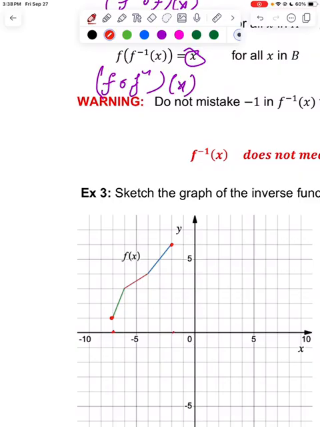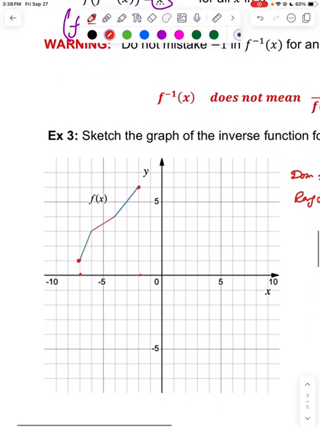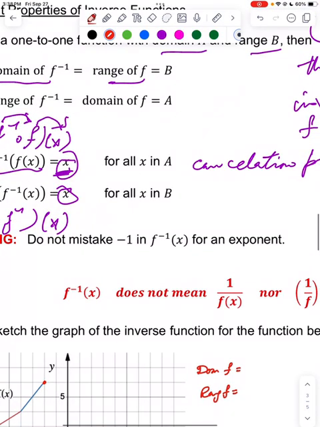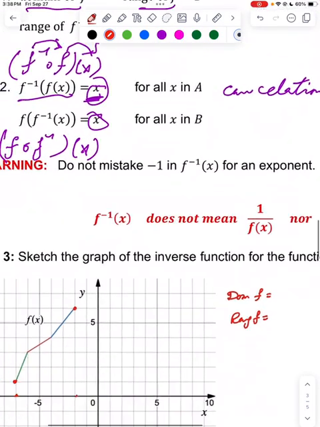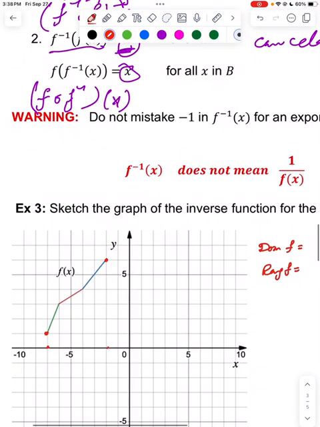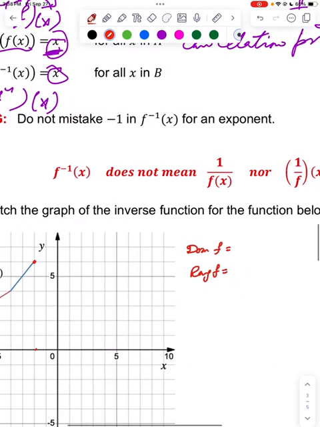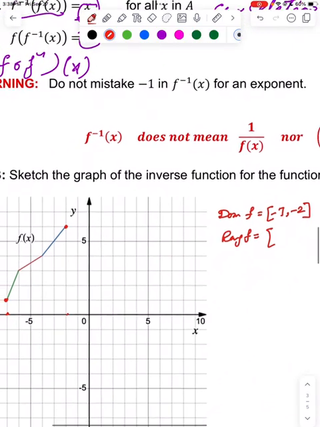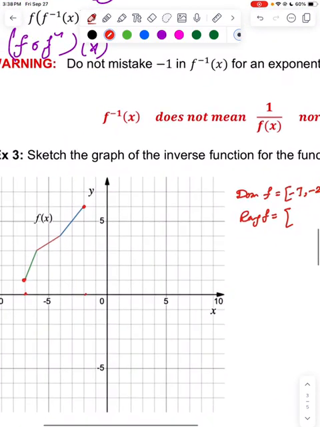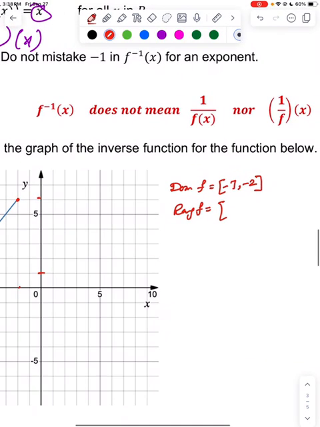So the domain of f is the interval negative 7 to negative 2, and the range will be the interval starting at 1 and ending at 6, so it will be 1 comma 6.